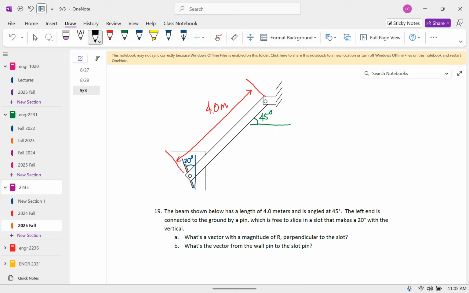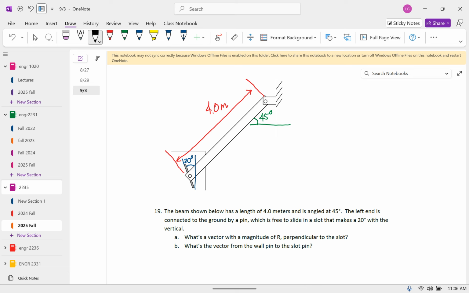There are 2 unit vectors, 2 directions perpendicular to the slot, and either one of those 2 is fine. But I just want you to be able to visualize that. So one perpendicular is this way, and the other perpendicular is this way.